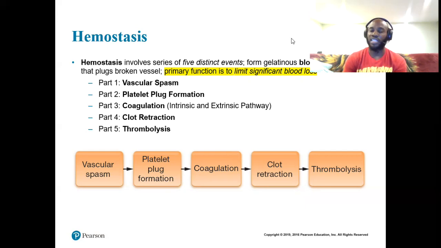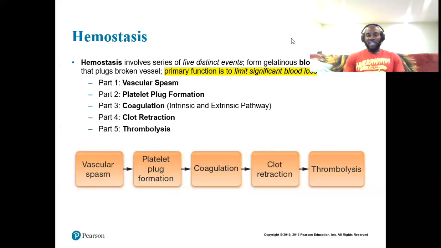So the whole idea is there's been an injury to a blood vessel. It could be you cut yourself. It could be you banged a part of your body against something hard. That can break a blood vessel. You can have bleeding happen. You see a bruise or something. Blood vessels can be broken.